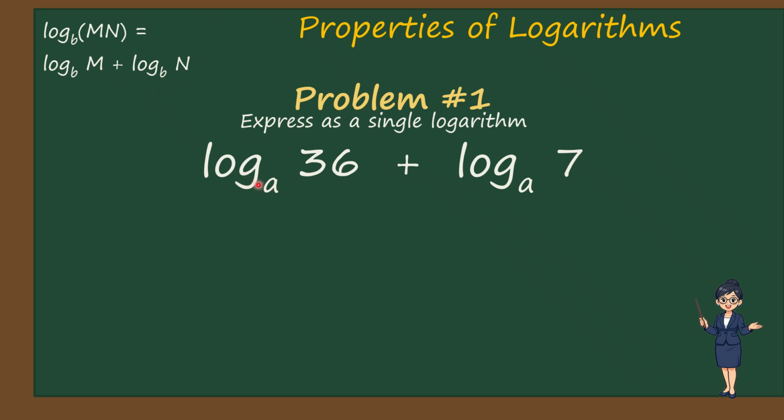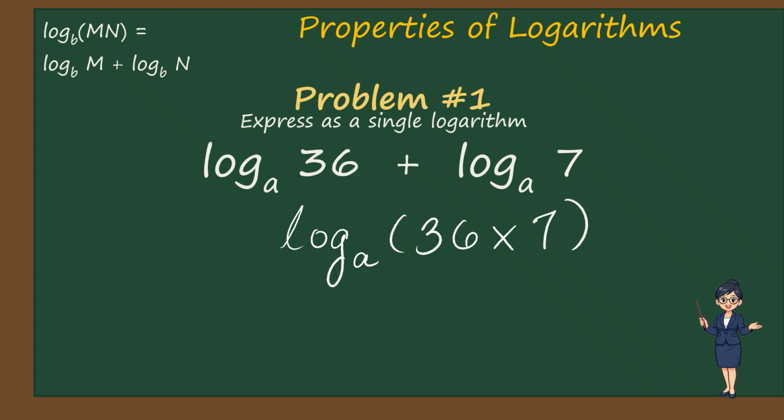So log base a of 36 plus log base a of 7, you would have to change the addition to multiplication. So I'm going to rewrite this that way. I will have log base a of 36 times 7, which is equal to log base a of 252. Okay?